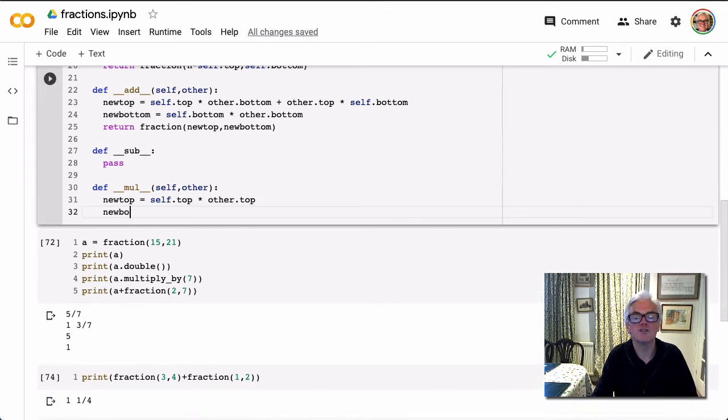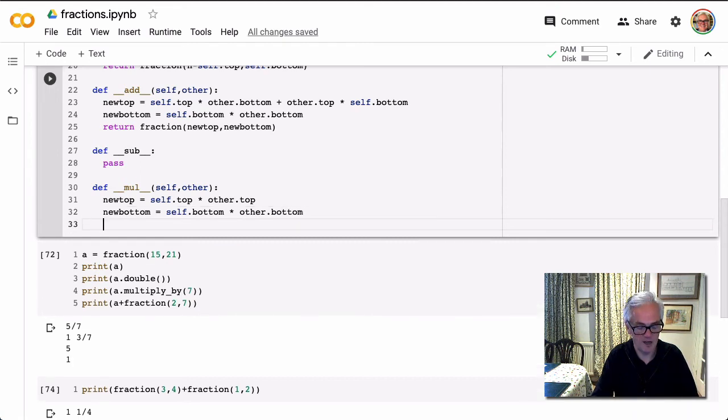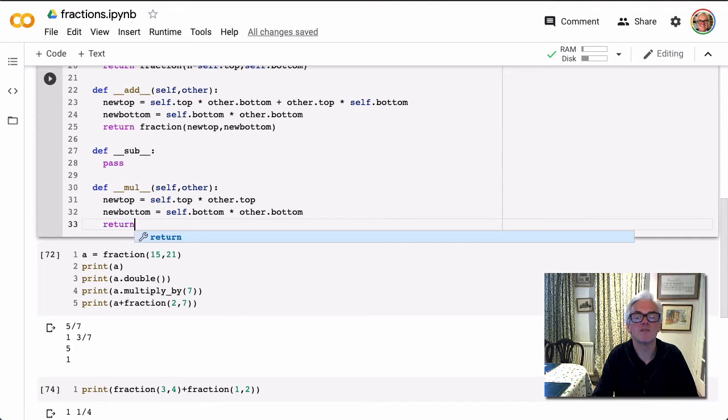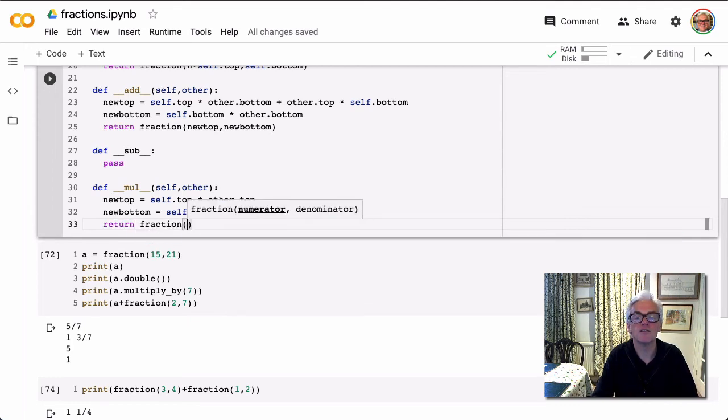The new bottom is equal to self.bottom times other.bottom. And as before, I just return a fraction made up of those. Fraction new top. I could just copy the code, couldn't I? And the new bottom. Okay.